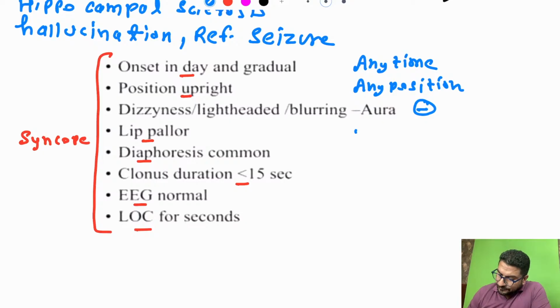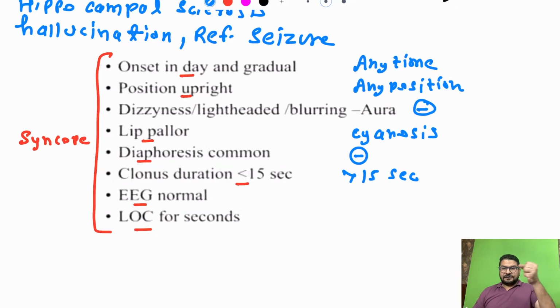Instead of lip pallor you will see perioral cyanosis, bluish discoloration near the lips, cyanosis. Diaphoresis is not seen. Clonus duration, meaning the jerks in seizure, will be more than 15 seconds. EEG will be abnormal.